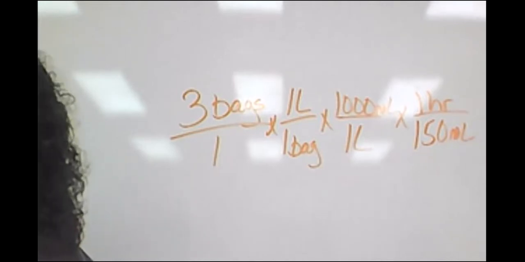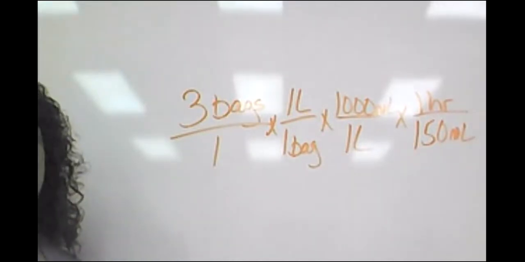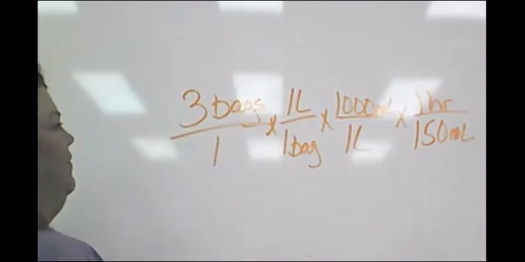And so how long will these 3 bags last? So there's your equation. 3 bags over 1 times 1 liter per 1 bag times 1,000 ml per 1 liter times 1 hour over 150 ml.